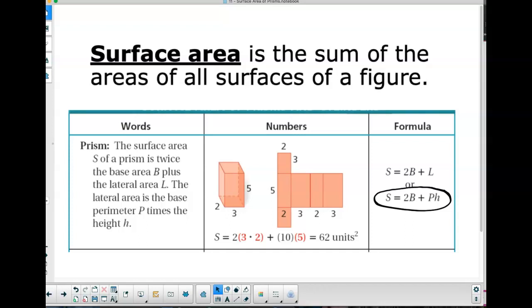We probably had to do this before. These are called nets. When you have to draw a net of a 3-dimensional object, it really means you're just laying it flat. We're not going to really worry about drawing nets, but I need you to understand what shapes make up the object. So what we're going to do today, we're going to ignore the formula, and I'm going to show you a different way to do it.